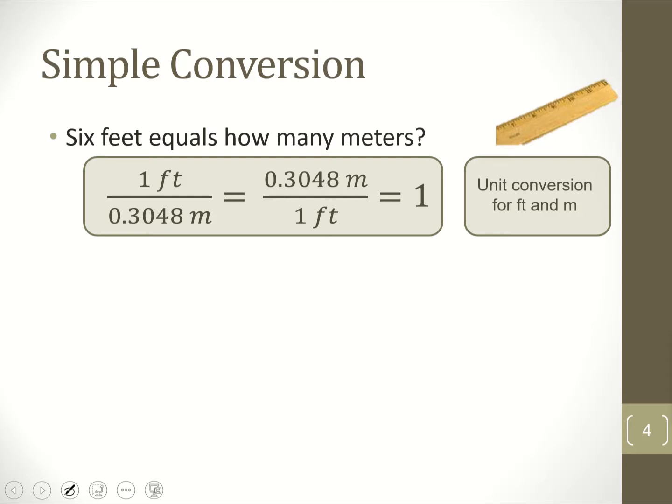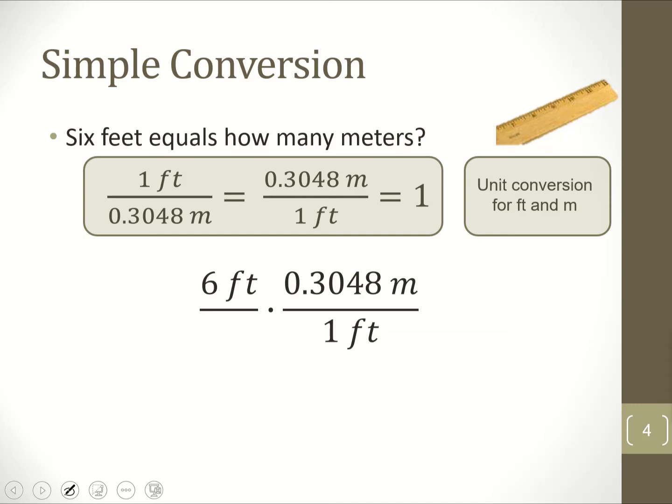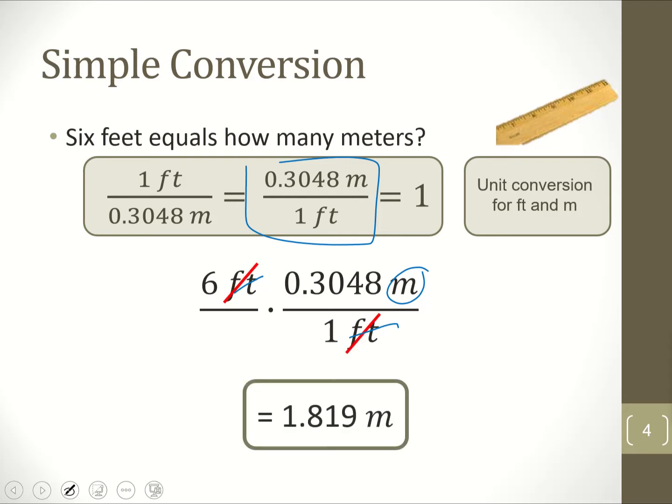So we can take our 6 feet and multiply it by this conversion factor, which allows us to get rid of the feet. We have our foot in the denominator, and we're converting to meters. So those cross off, and we end up with 1.829 meters. Okay, so that's a simple conversion, and that's how we would do it by hand.